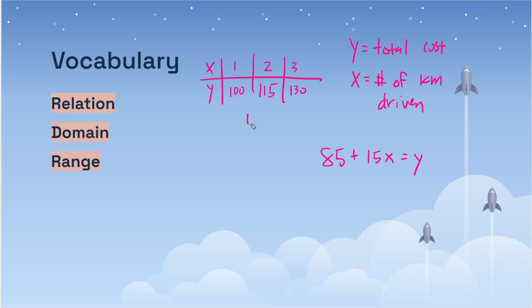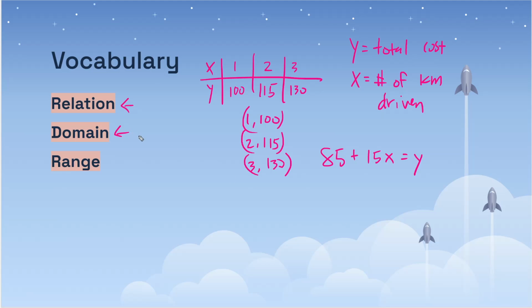The x-coordinate would be 1, the y-coordinate would be 100, and then 2, 115, 3, 130. So we have 3 ordered pairs. These 3 ordered pairs have a relation. This is the set of ordered pairs. It could be in a table, it could be on a graph, however you want.